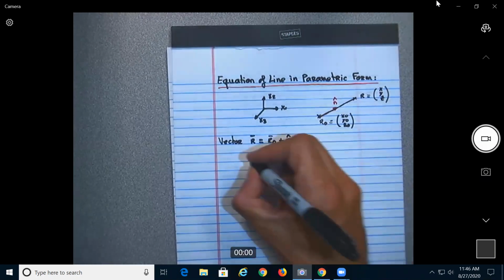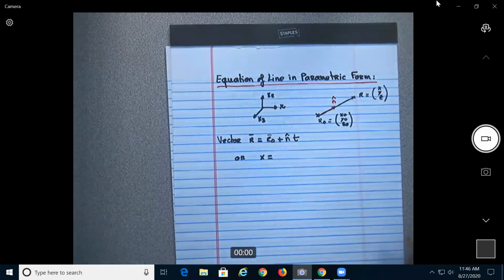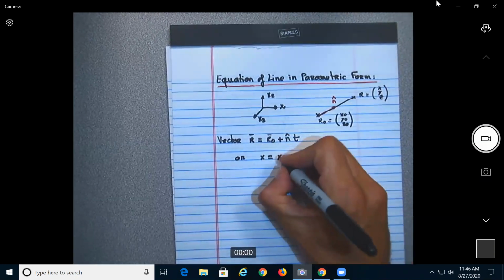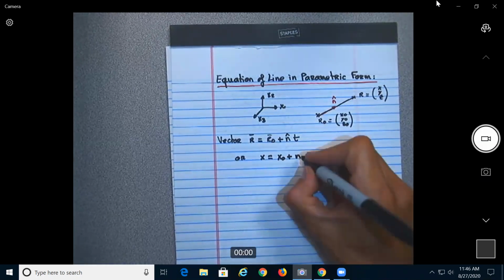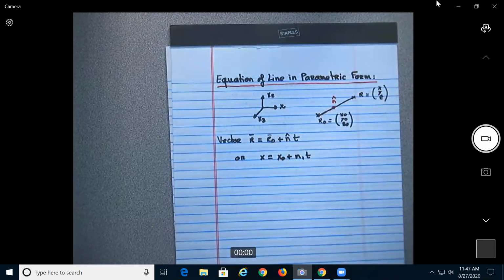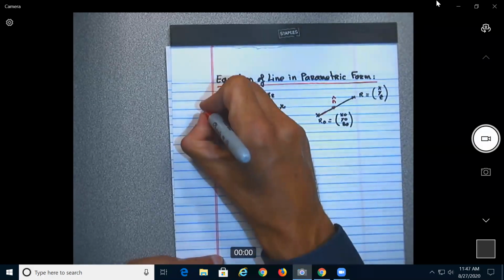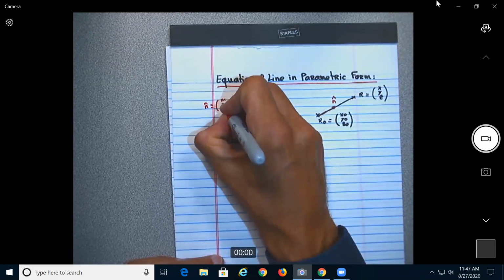This will mean that x will be equal to x naught plus n1t, where n is equal to n1, n2, n3.